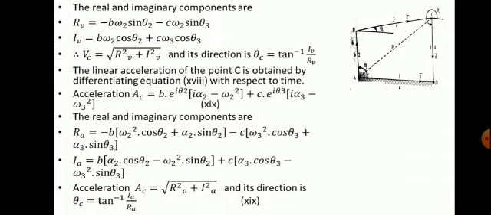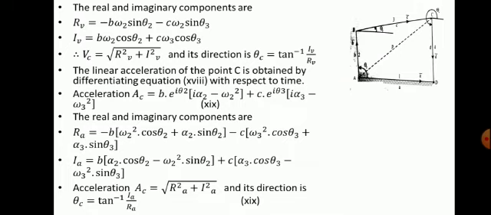Then by taking the resultant of the two vectors B and C, we got the equation. From this we calculate the velocity as the square root of the real part squared plus the imaginary part squared, and the direction is theta C equal to tan inverse of the imaginary part by the real part.